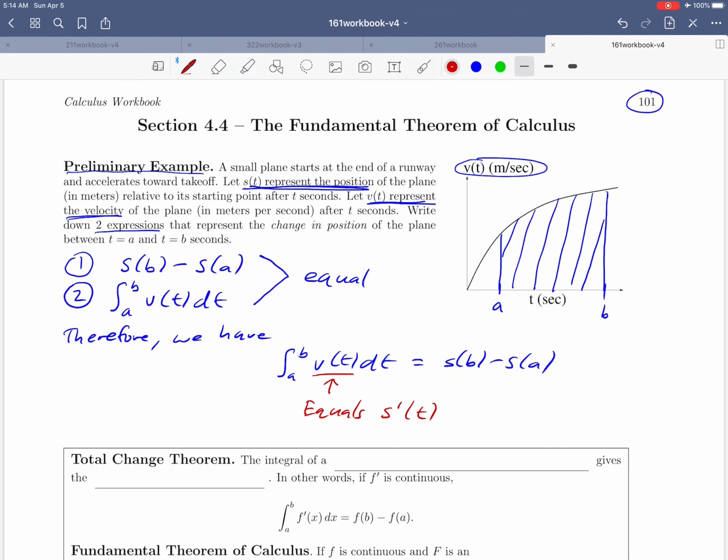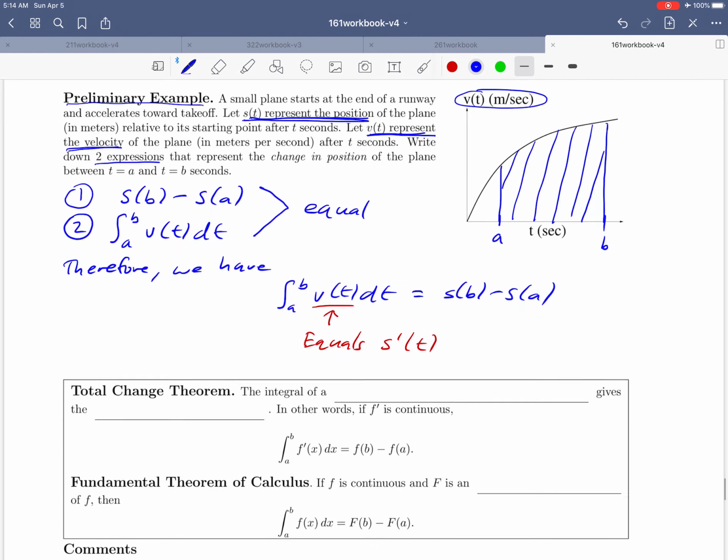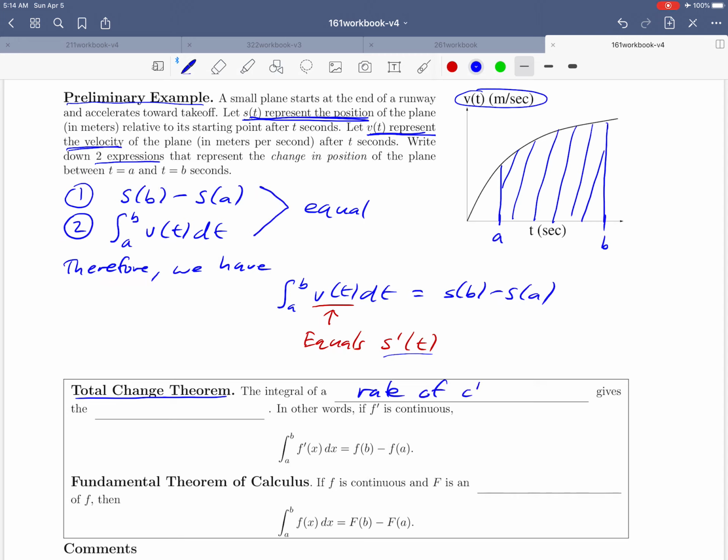So what we've just discovered here is something called the total change theorem, which you see in the box right below us here. And it says that if you integrate a rate of change, like this derivative function, what you get is the total change in your function. That's what's sitting over here on the right-hand side.